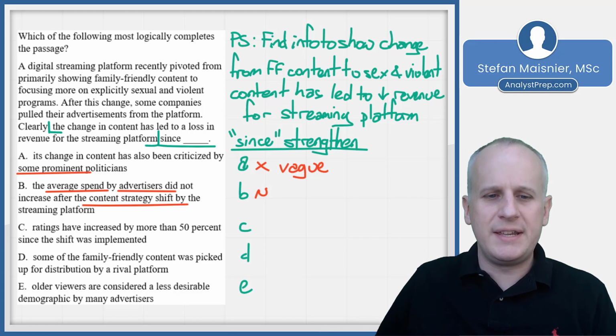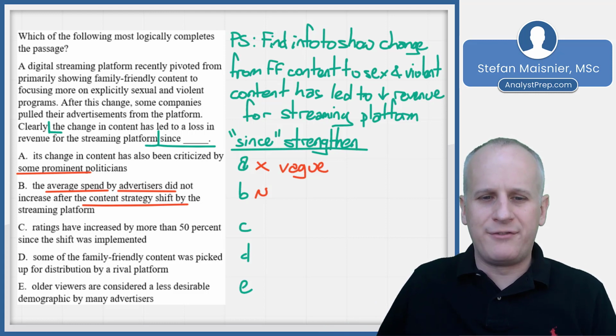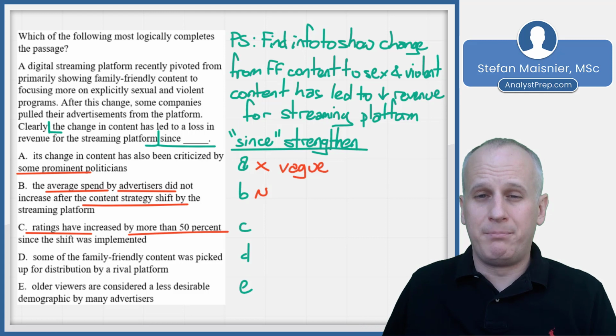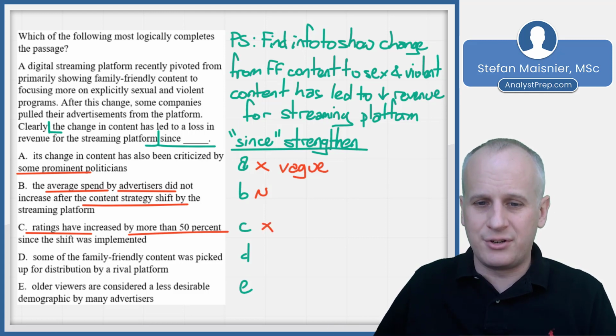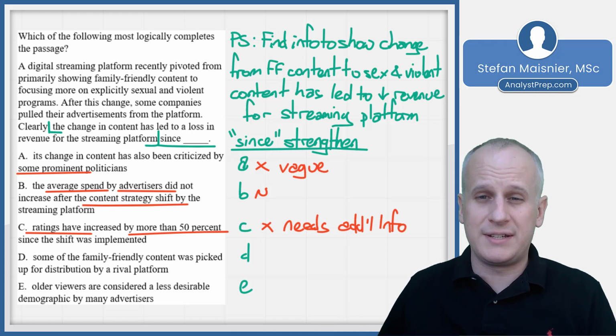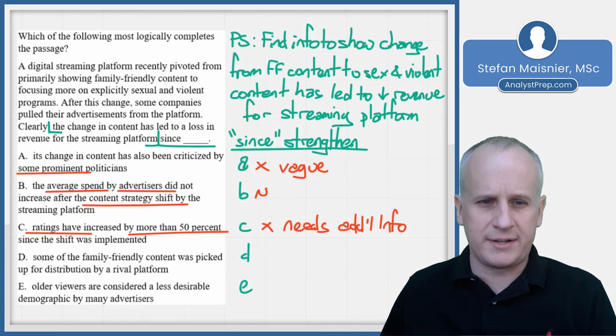Now, choice C, ratings have increased by more than 50% since the shift was implemented. Well, ratings having gone up, that could help, but we don't necessarily know. It still requires additional information because without knowing that those ratings led directly to increased ad sales from some other advertisers, we don't have the evidence that there's been this loss in revenue.